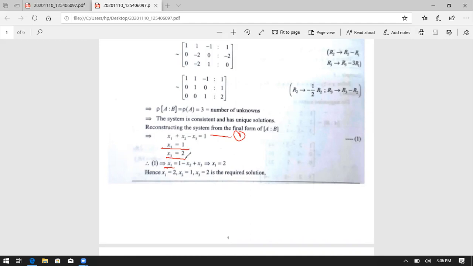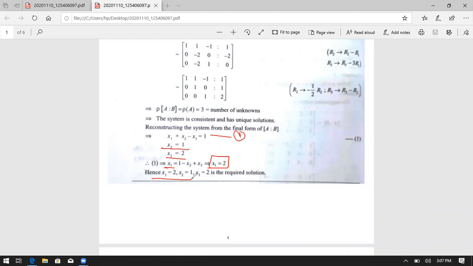Then x1 is equal to 1 minus x2 plus x3. That is x1 is equal to 2. Therefore, finally you write x1 is equal to 2, x2 is equal to 1 and x3 is equal to 2. That is the required solution. Okay, this is one example.